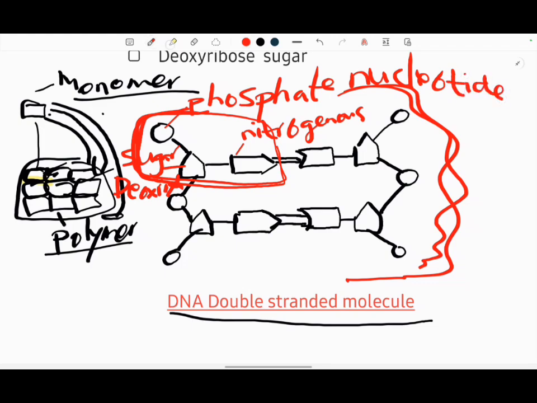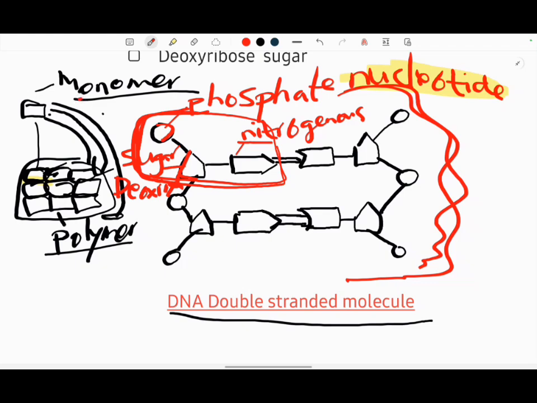Okay? I know yellow and red don't go together, but yes, anyways, just for this video. So this whole thing is called a nucleotide. Okay, and the nucleotide consists of a phosphate, a sugar, and a nitrogenous base. This is what I was saying with the monomer and the polymer. These three structures over here make up this whole structure.